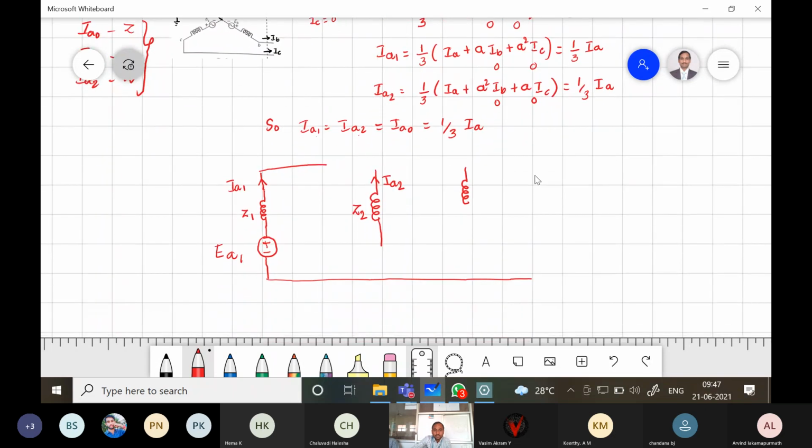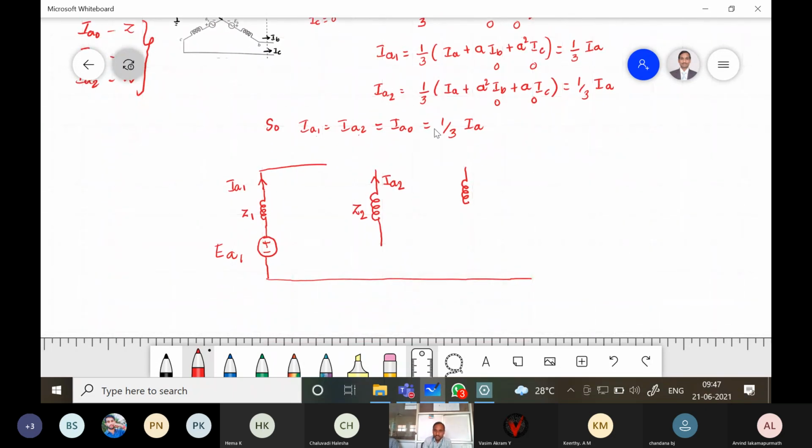Hence in the zero sequence network we need to write two reactances, one is Zg0 and another is 3 times Zn. The neutral reactance is represented by 3 times Zn, and the total term we call Z0.